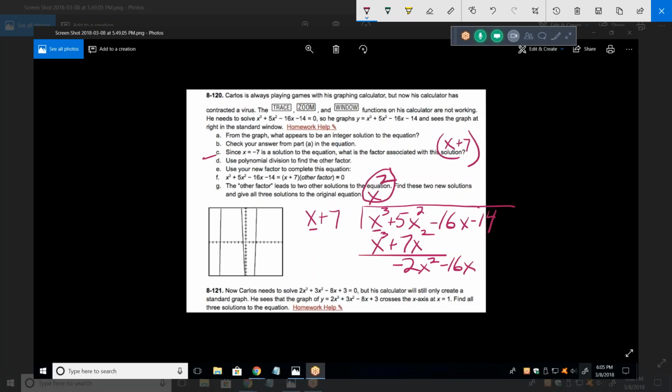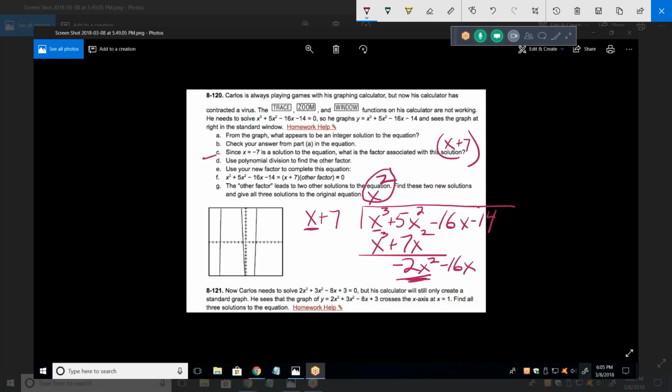Now you repeat. And you divide x into that. In other words, your very first step is always to divide just the variable into that variable. Then you take your answer and you multiply it by everything. What do you get?